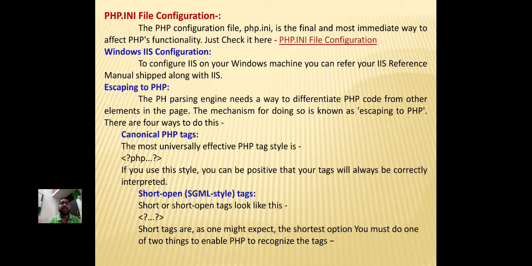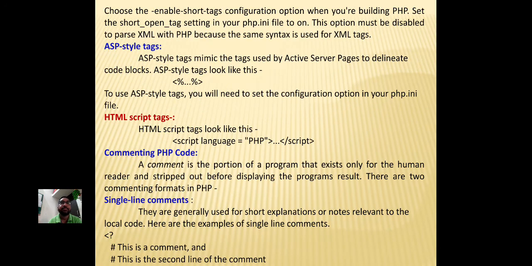Short open SGML style tag. Short or short open tags look like this. Short tags are, as one might expect, the shortest option. You must do one of two things to enable PHP to recognize the tag.